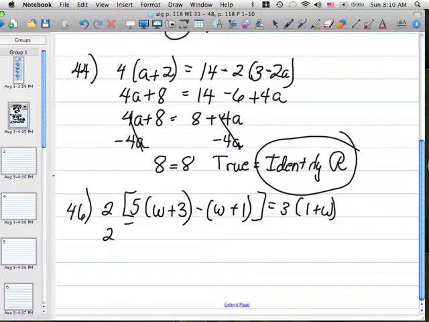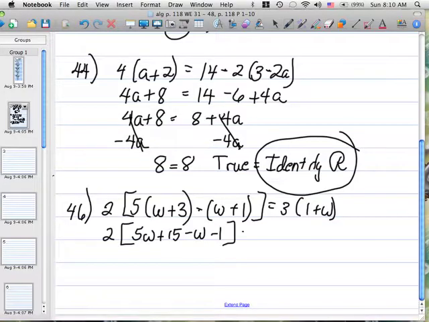On the left side, go inside the brackets and get rid of the parentheses. So 5 times w is 5w. 5 times positive 3 is 15. The opposite of w is negative w. The opposite of positive 1 is negative 1. On the right, 3 times 1 is 3. 3 times positive w is 3w.